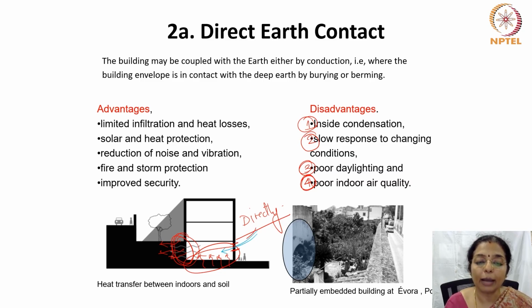And if you have too much cold draft coming in, the earth may not be able to make the indoors as comfortable as it would, and therefore that can result in poor indoor air quality.